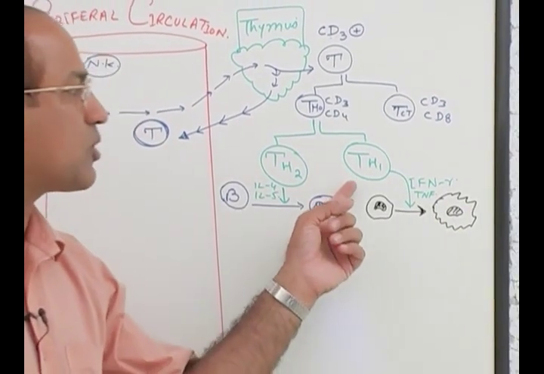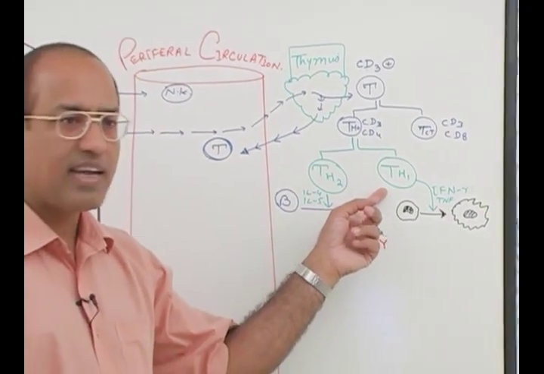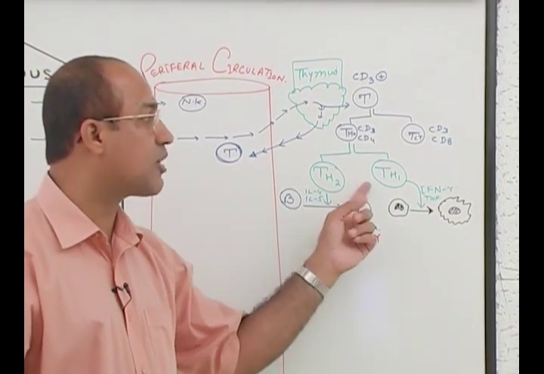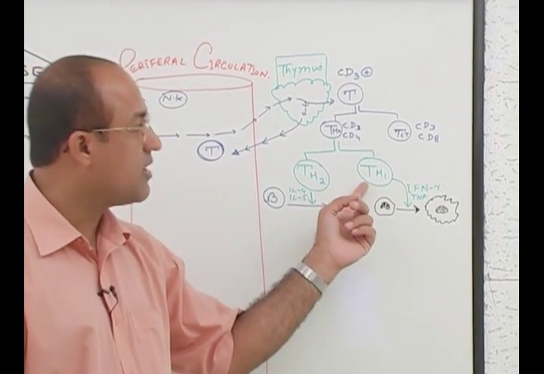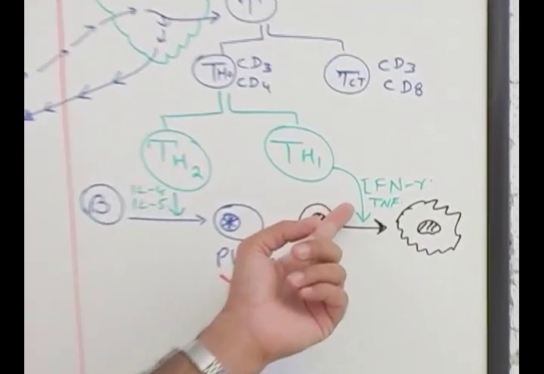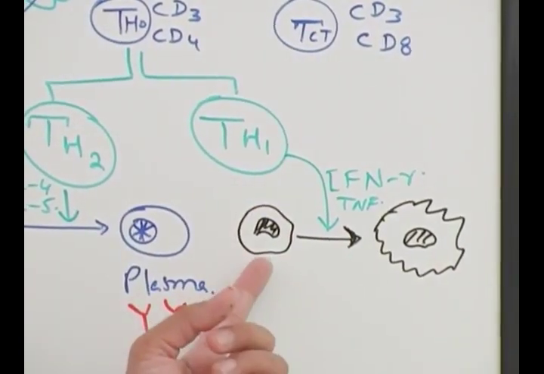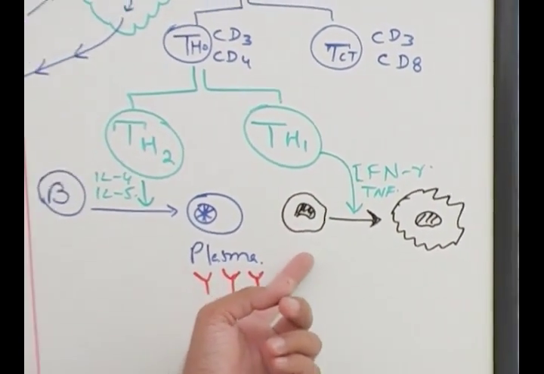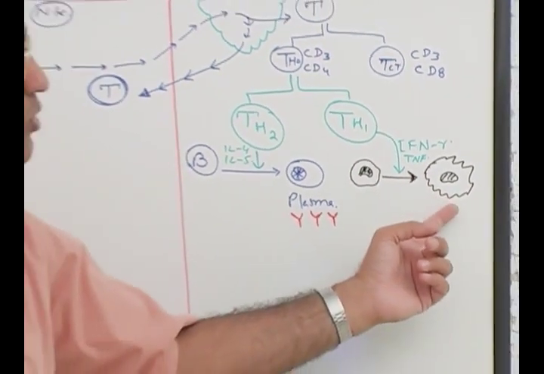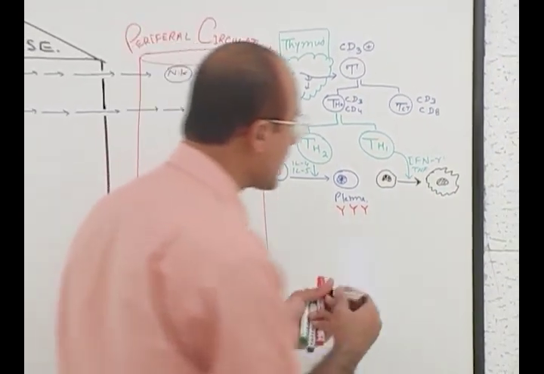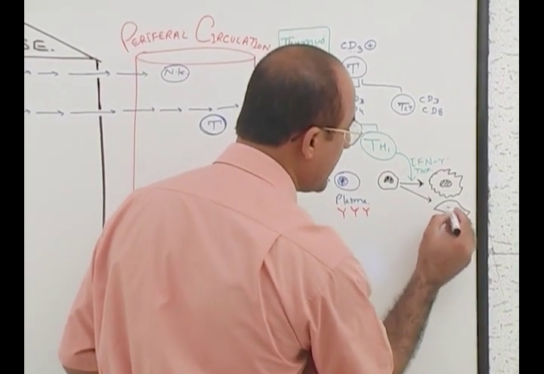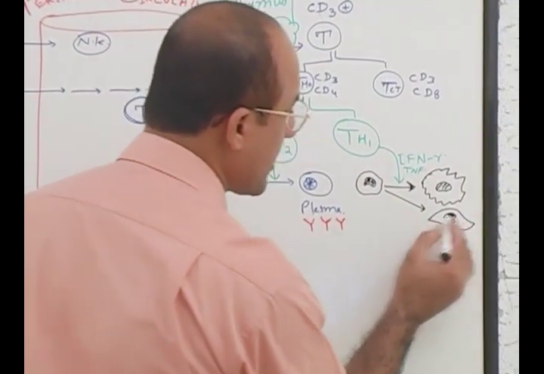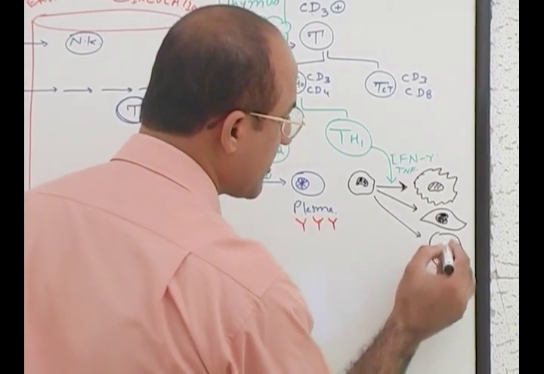Then we can talk about T helper 1 cells. They are not going to help the B cells, they are going to help the monocytes and macrophages, and T helper 1 produce gamma interferon and tumor necrotic factor especially, and they act on the monocyte and convert the monocyte into active macrophages. Even they can convert the monocytes or macrophages into epithelioid cells, or they can convert them into giant cells.